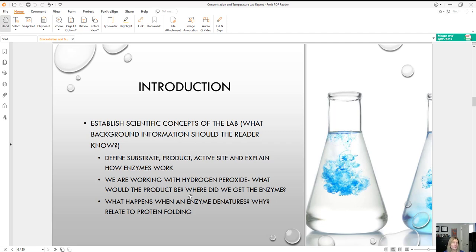What does denaturation mean? What's happening to the folding of the protein, because enzymes are proteins? Some background on that is also needed, because enzymes have particular optimal conditions that they like to be in. If those optimal conditions are not met, how does the enzyme function, or fail to function? Why does that occur? That should be included in the introduction.